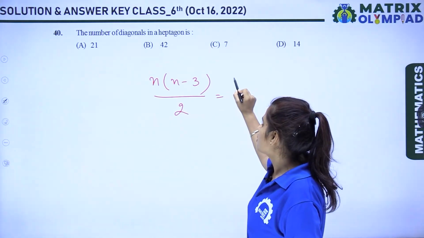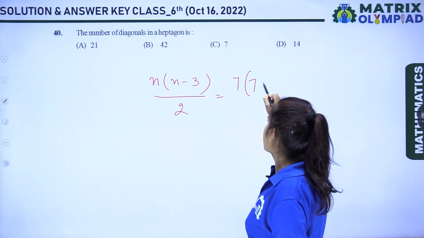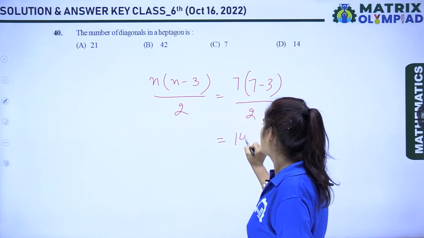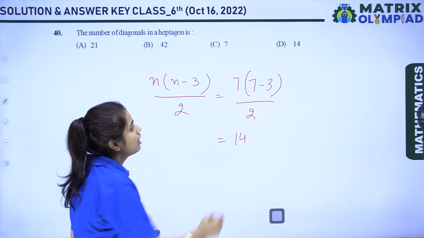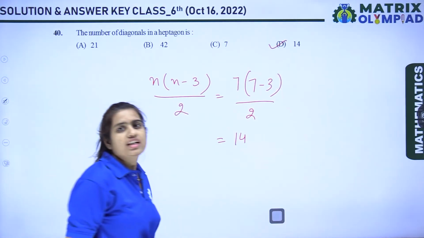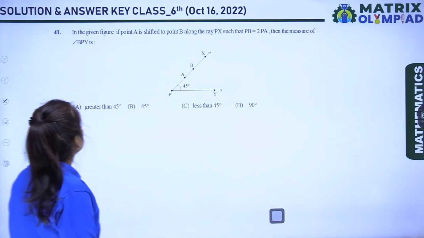N is 7 as the heptagon is given. So 7 bracket 7 minus 3 upon 2. We will get 14. So there are a total of 14 diagonals in a heptagon. So option D is the correct answer. Now let's begin with the next question.